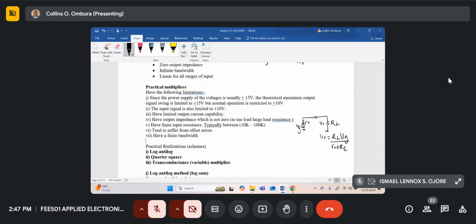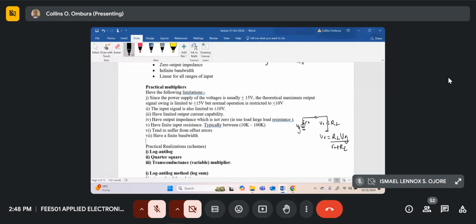Bandwidth depends on the transistors used inside the multiplier. If you use high frequency transistors, you'll be able to multiply up to a few gigahertz. So these are some of the practical limitations of real multipliers.